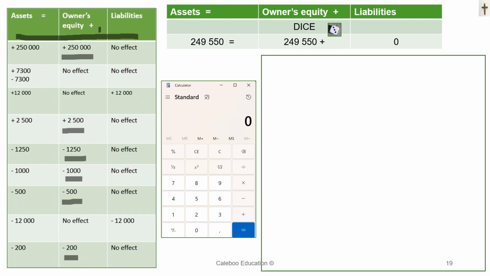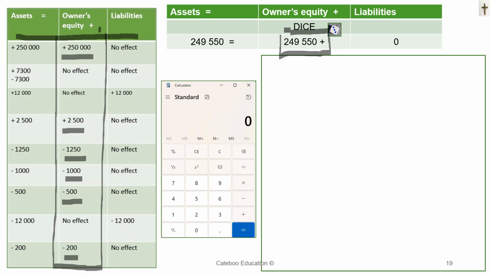There were bank charges. Now, how do you calculate what the owner is worth? Capital plus income minus drawings minus expenses. So what is the owner worth? 249,550, by looking at that column.